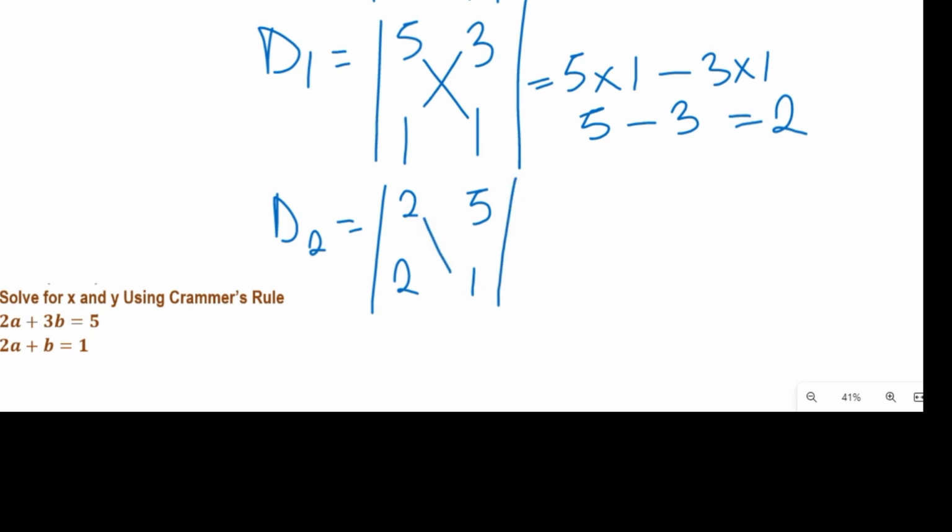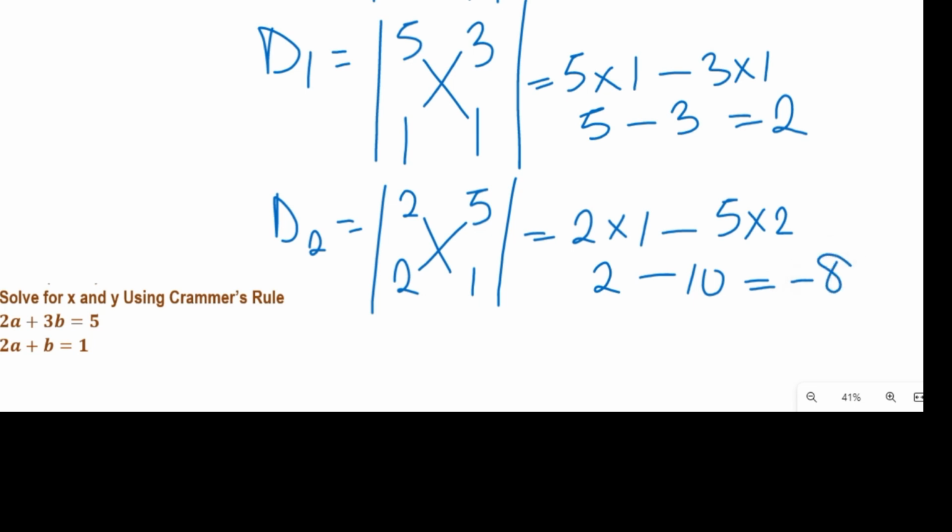So this will multiply this, and then the 5 will multiply 2, and this will give us 2 times 1 minus 5 times 2. I hope you are following. So 2 times 1 will give us 2, minus 5 times 2 will give us 10. So 2 minus 10 will give us minus 8.